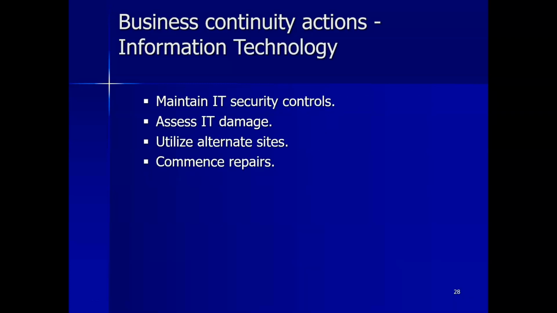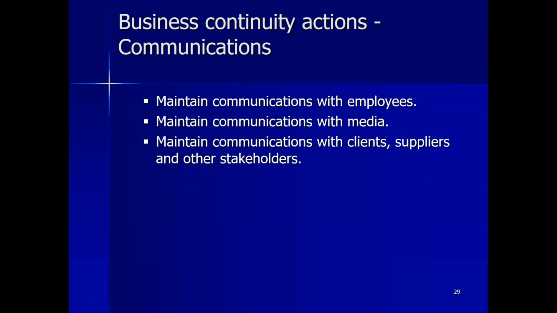And for business continuity actions relevant to your IT department, maintain IT security controls, assess IT damage, utilize alternate sites, and commence repairs. For your communications personnel, you want to maintain communications with employees, maintain communications with the media, and maintain communications with clients, suppliers, and other stakeholders.